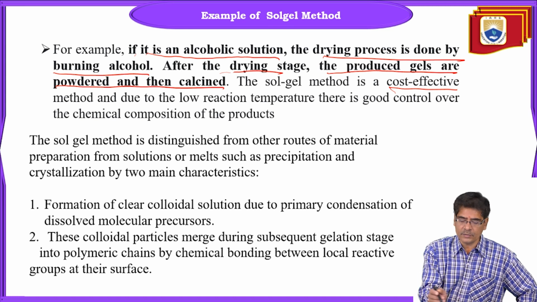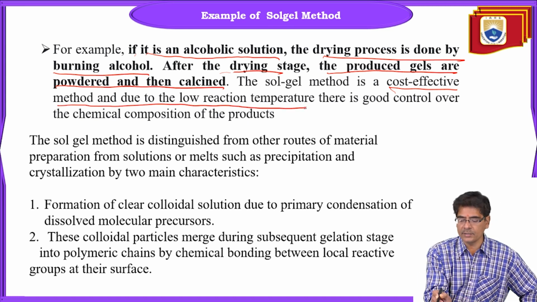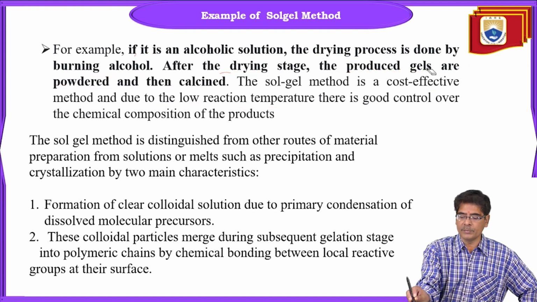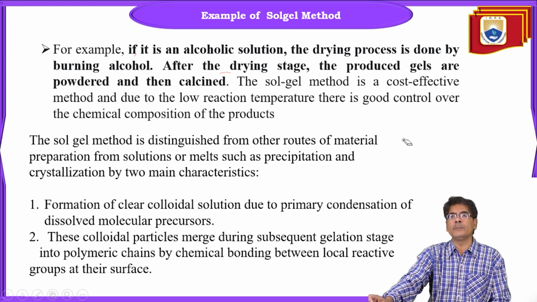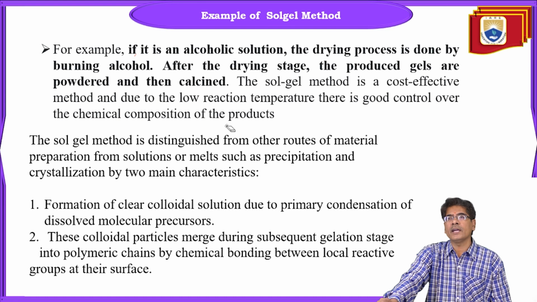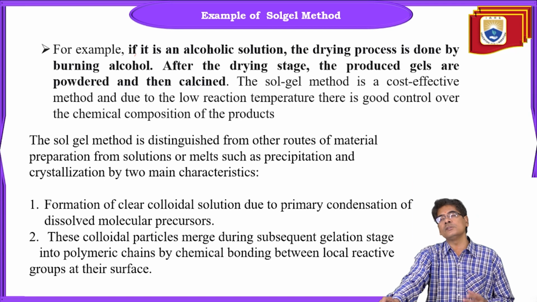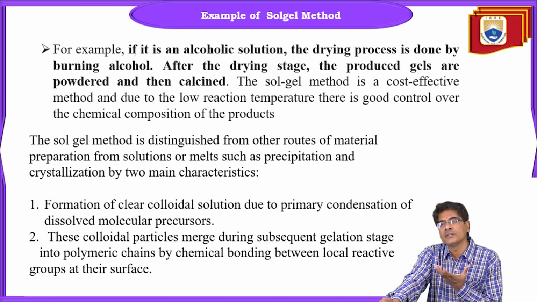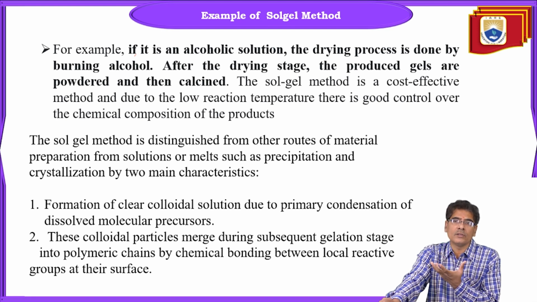Due to the low reaction temperature, that means it can be operated at room temperature, that is why the sol-gel method is cost-effective. Since it can be operated at room temperature, there is good control over the chemical composition of the products, not the reactants.